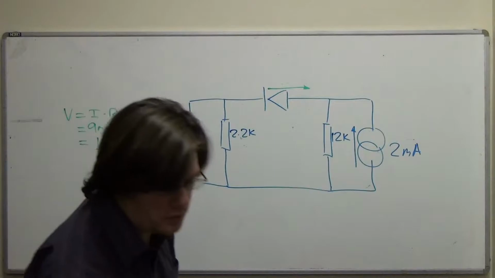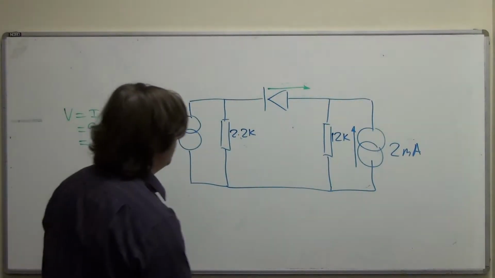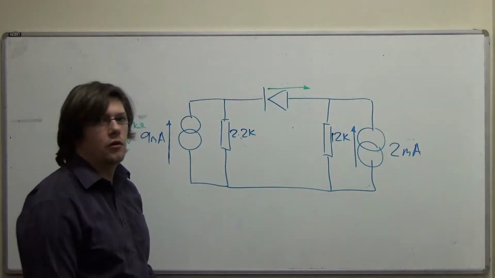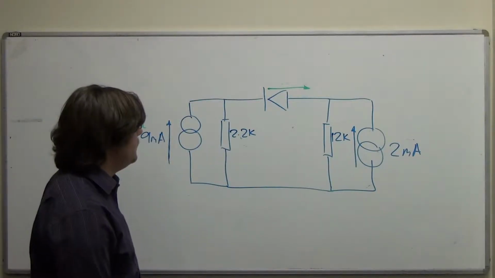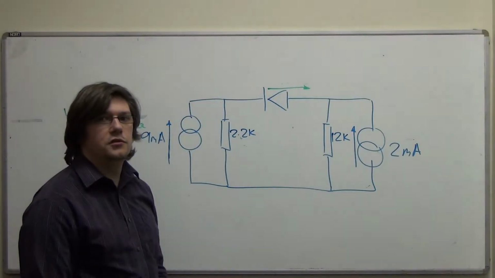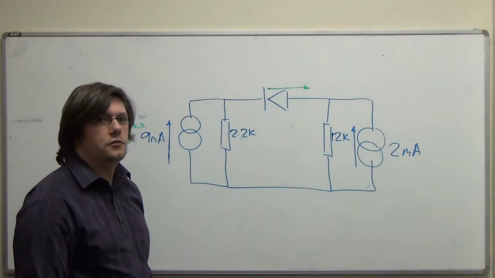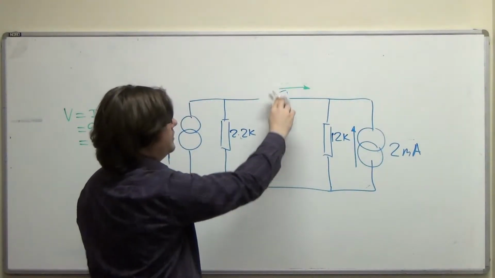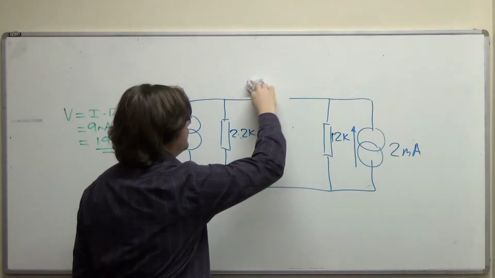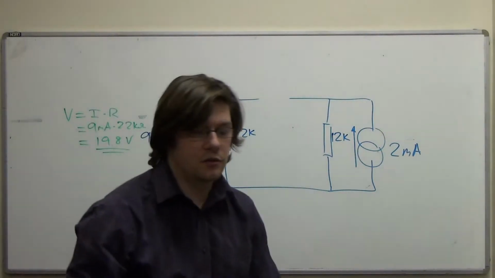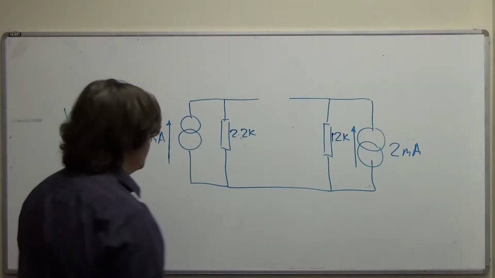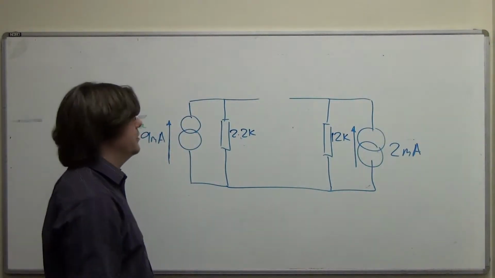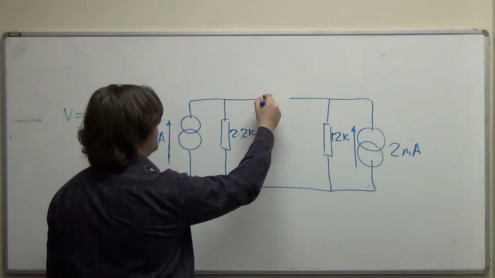But if you don't feel happy with that, you can say, well, now I know this diode's on, conducting, I'm going to replace it with a voltage source of 0.7 volts. And I recommend that certainly in the beginning you do, because it makes you think this is a source as opposed to this is a diode. And sources you're happy with, and diodes maybe are a bit of a mystery still.